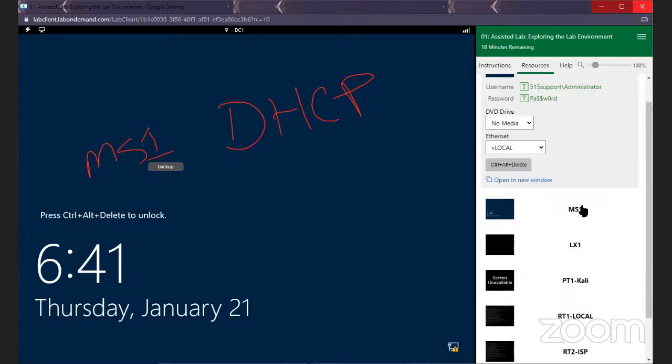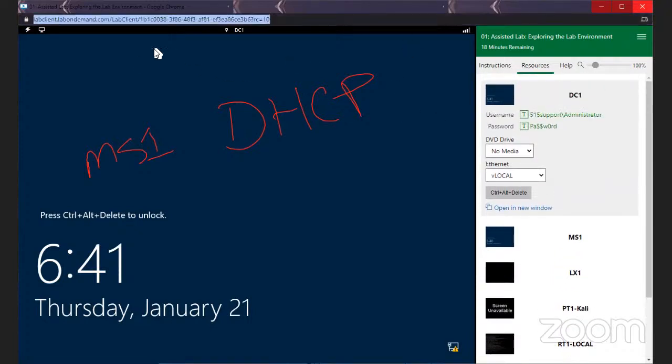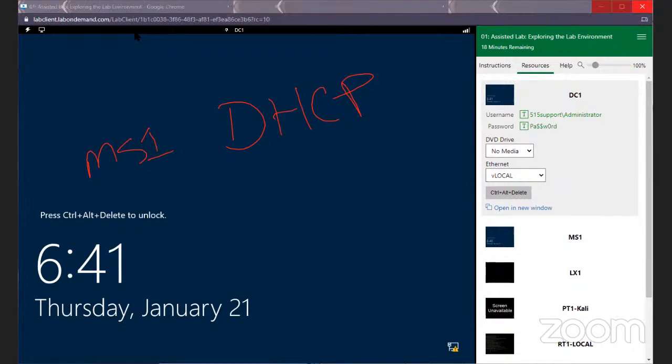Let's get that off the screen. And then our other server, DC1, is for Active Directory.